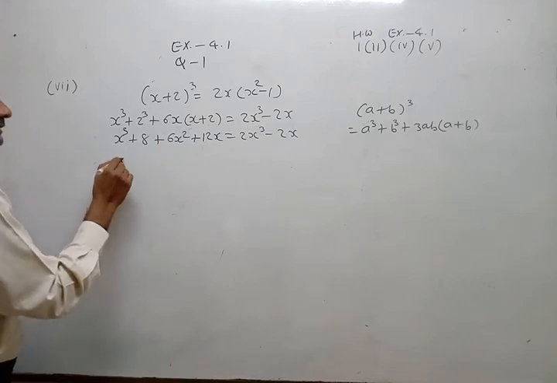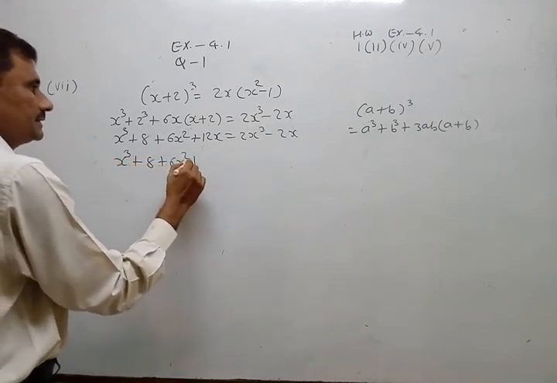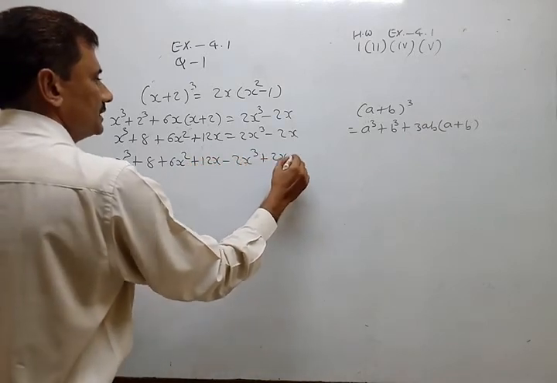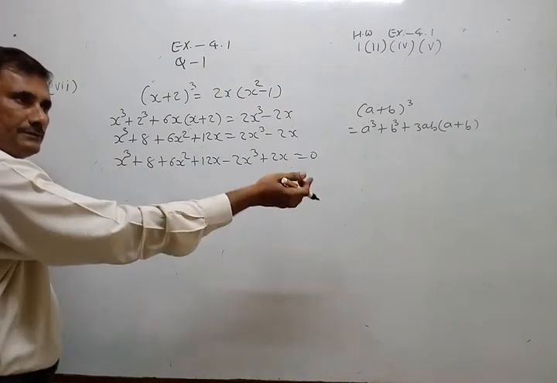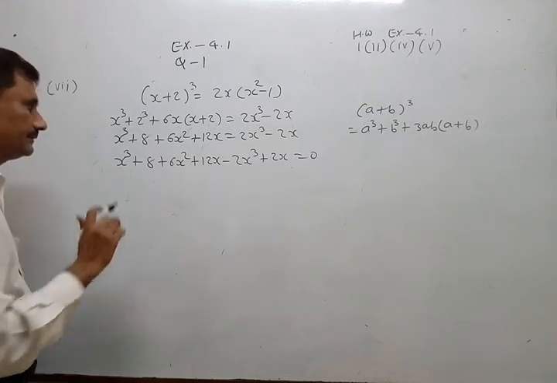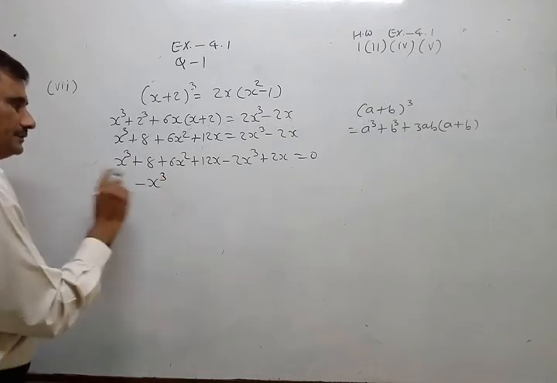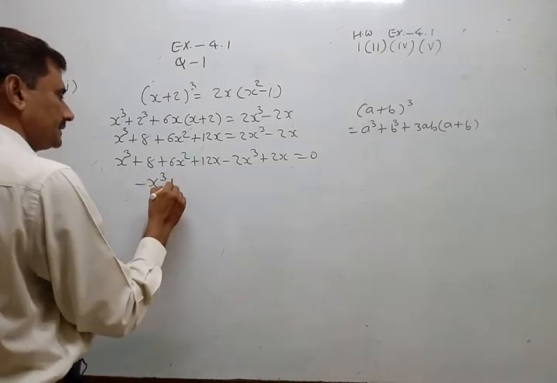So it is x cube plus 8 plus 6x square plus 12x minus 2x cube plus 2x equal to 0. Any one side you can set everything, towards the right side also, no problem. The result is the same. x cube minus 2x cube is minus x cube. Then 6x square remains 6x square only.